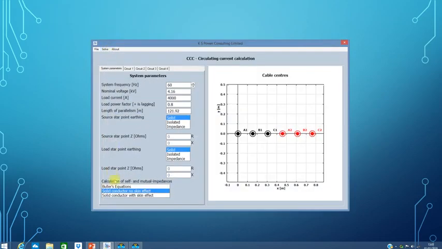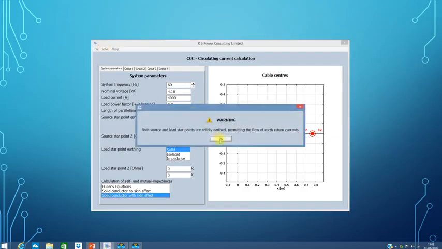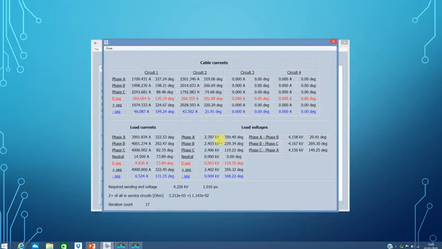And if we model the conductor as a solid conductor with skin effect, then again we will see that the circulating currents, or the current unbalance, is almost the same as the value which would be calculated using Boole's equations.